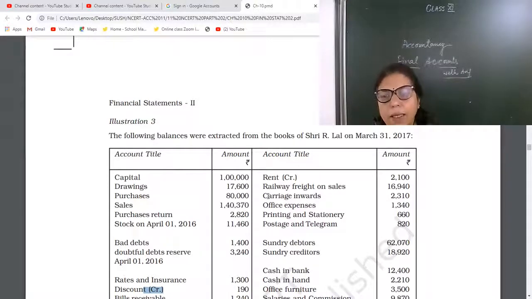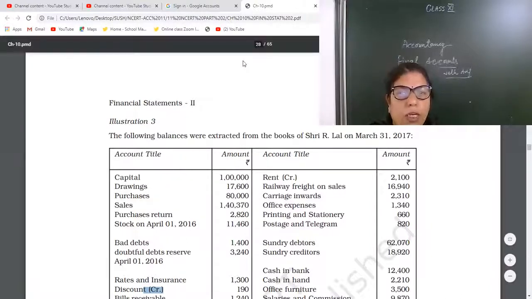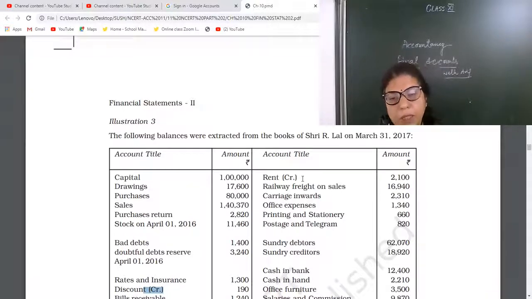According to the general entry rules, all expenses are debit and all incomes and gains are credit. So here rent credit means rent received, that is to be shown in the credit side. Very good. Now railway freight on sales.